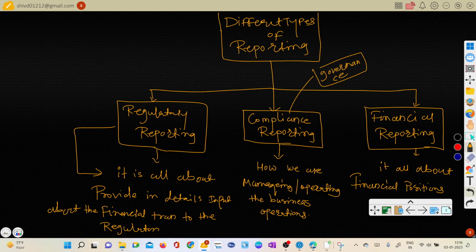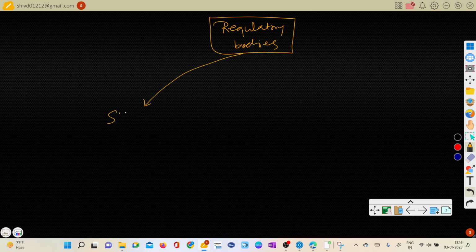So what are the regulatory bodies then? What are the different regulatory bodies that we have? If I take the example of regulatory bodies: SEBI in India, right?